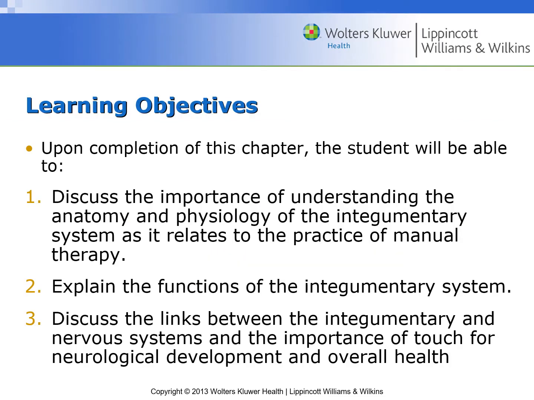The learning objectives for today's lecture are, upon completion of this chapter, the student will be able to discuss the importance of understanding the anatomy and physiology of the integumentary system as it relates to the practice of manual therapy, explain the functions of the integumentary system, and discuss the links between the integumentary and nervous systems and the importance of touch for neurological development and overall health.